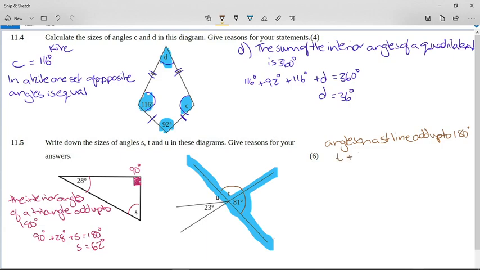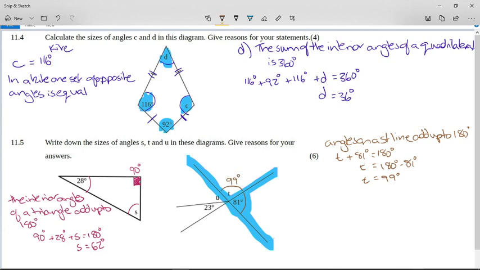So T plus 81 degrees equals 180 degrees. So T equals 180 degrees minus 81 degrees. So T equals, I do believe, 99 degrees. Okay, so we could fill that in on the diagram if we wanted.